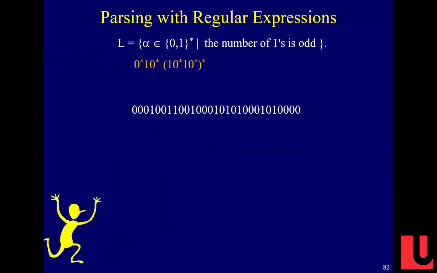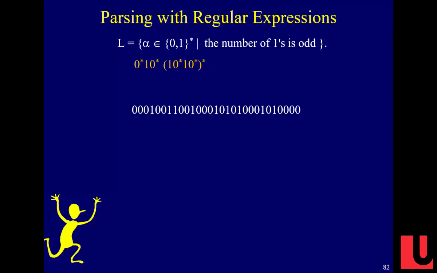All right. So I kind of promised you I would explain this thing a little better. One way we're going to get into this idea of parsing a string. Parsing is building a parse tree and understanding where it came from.